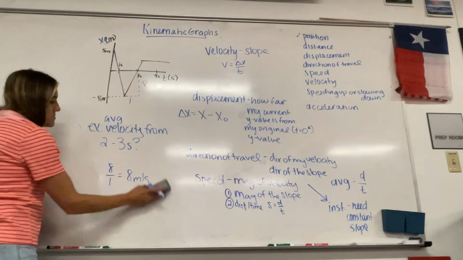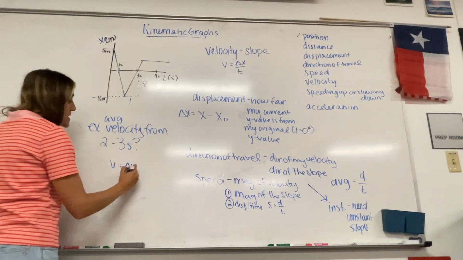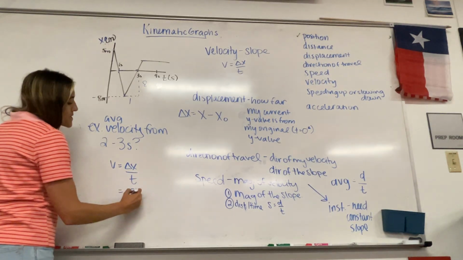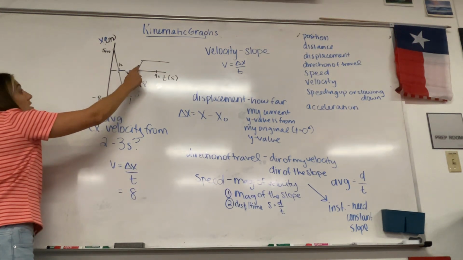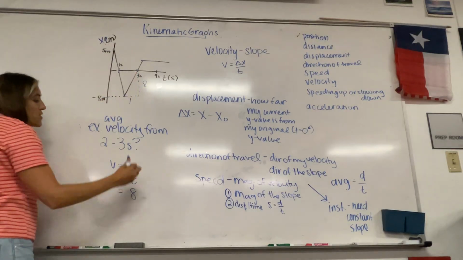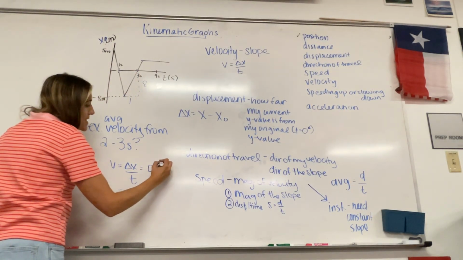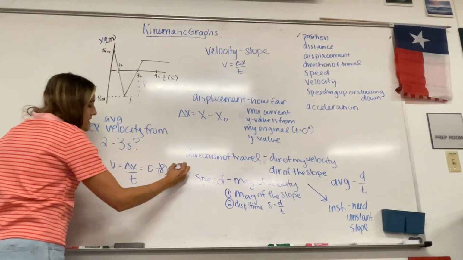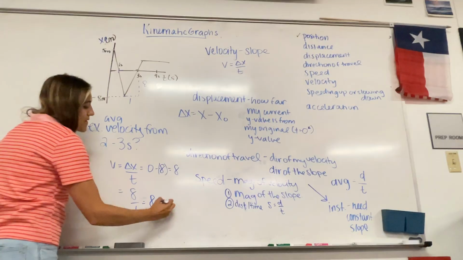Or, since it's average, I can still do v as displacement over time. My displacement is x final minus x initial. So this is 0 minus negative 8, which is 8. So that's how I got that. Over 1 second, so I again get 8 meters per second.